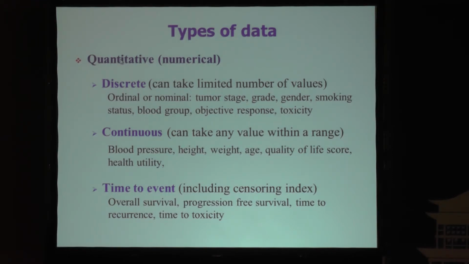So in cancer research, we encounter lots of these time to event outcomes, such as overall survival, progression-free survival, time to recurrence, time to toxicity, or sometimes maybe it's not specific to time, for example, like dose toxicity. But that can count as a survival data as well because it's also related to censoring information and complete events.